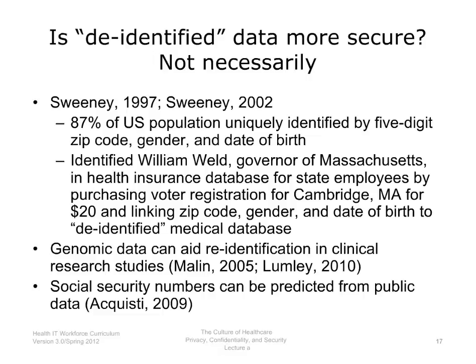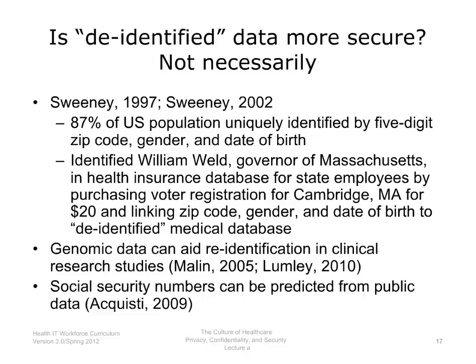When she was completing her PhD at MIT, she did a widely cited study that essentially identified William Weld, the governor of Massachusetts at the time, from information found by linking up the publicly available data sources. Her research also showed that 87% of the U.S. population could be uniquely identified by their 5-digit zip code, gender, and date of birth. So when relatively common data elements are combined, individual identities may be easily identified.